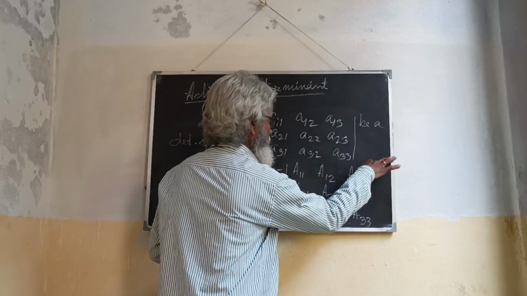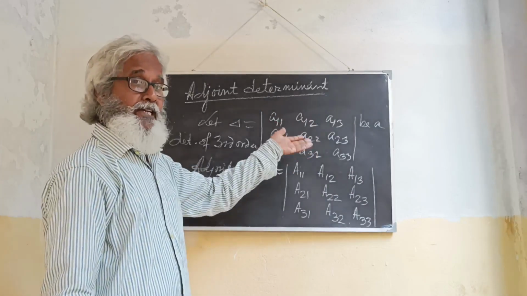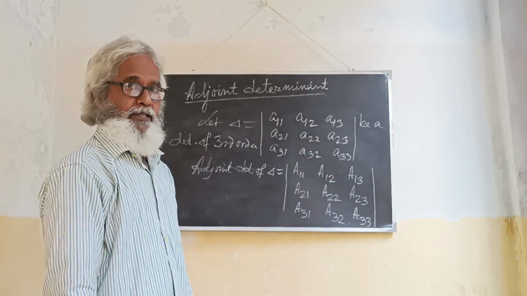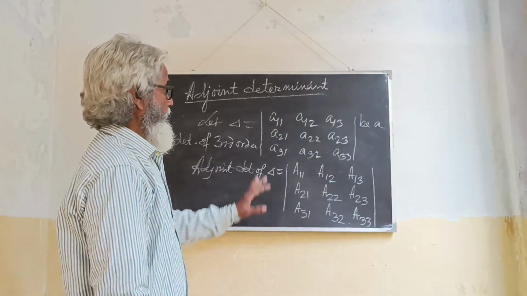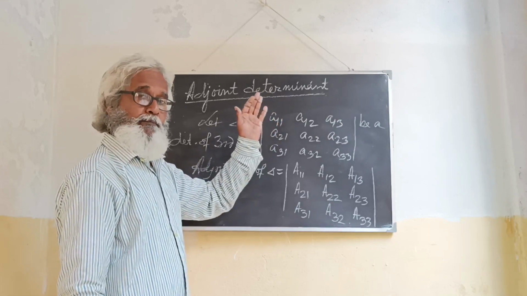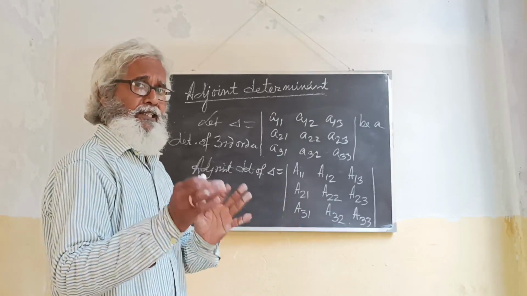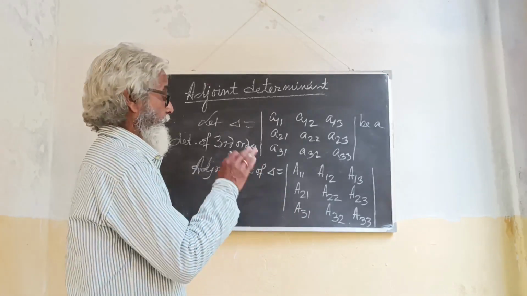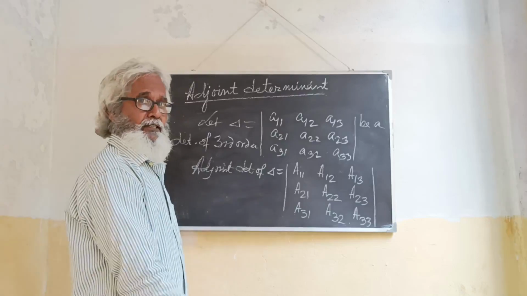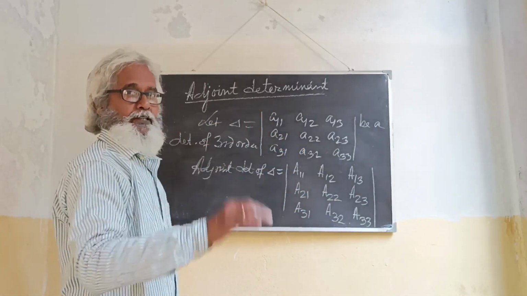So, when the elements of the given determinant are replaced by their cofactors, we will get another determinant. That determinant is nothing but the adjoint of this given determinant.